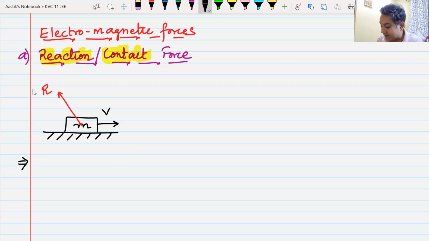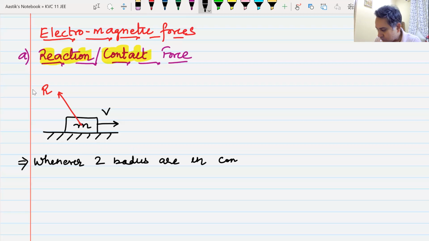So what do we mean by reaction force? Whenever two bodies are in contact with each other, they exert forces on each other.